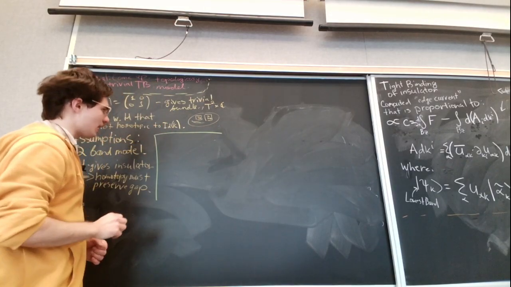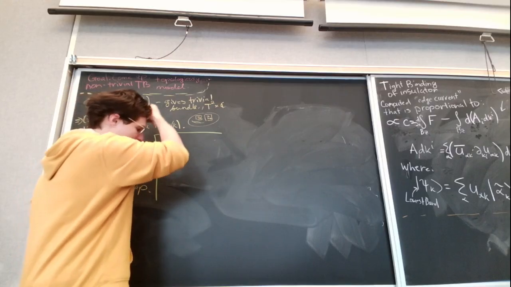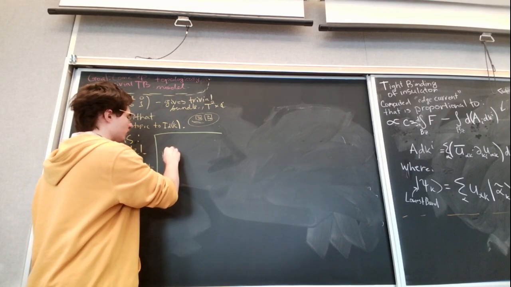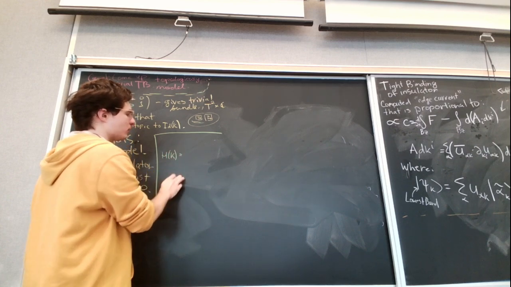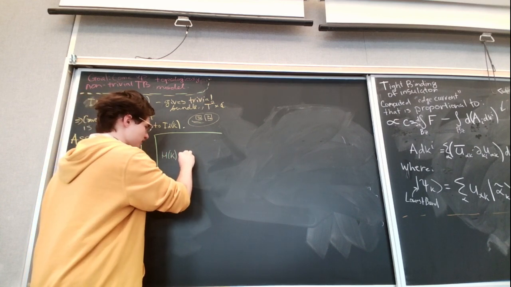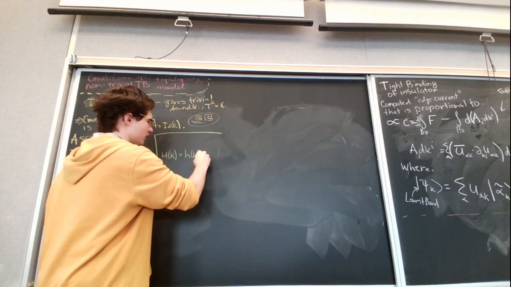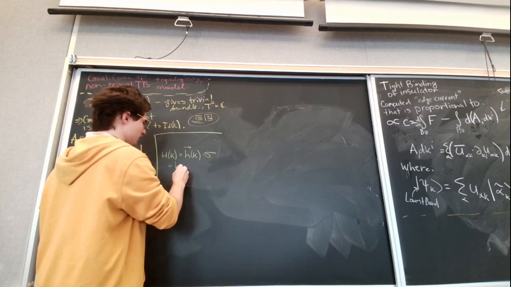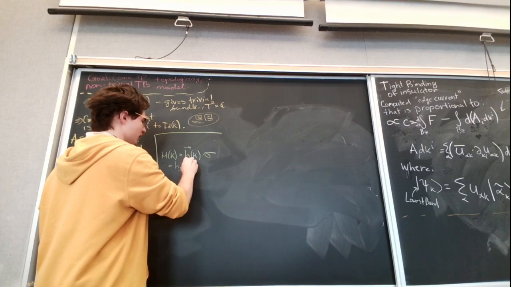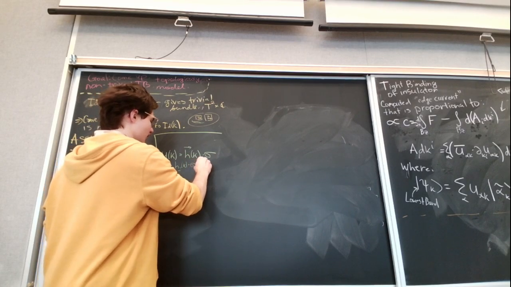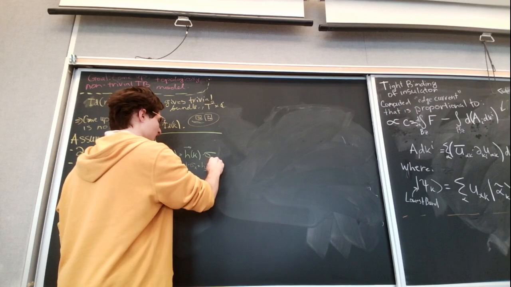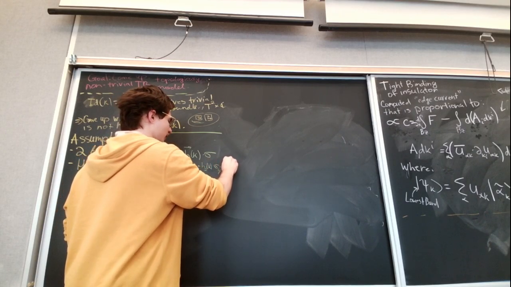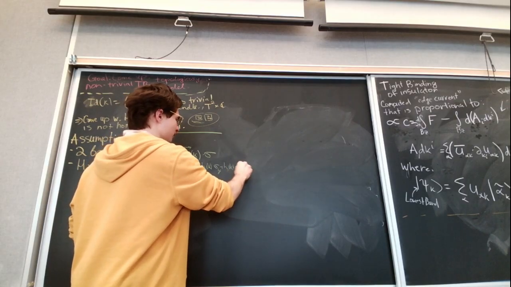So first, the claim is that any 2 by 2 Hamiltonian can be written as h of k dot sigma, meaning it can be written as h1 of k times sigma x plus h2 of k times sigma y plus h3 of k times sigma z.